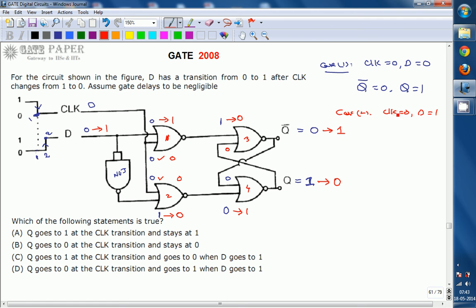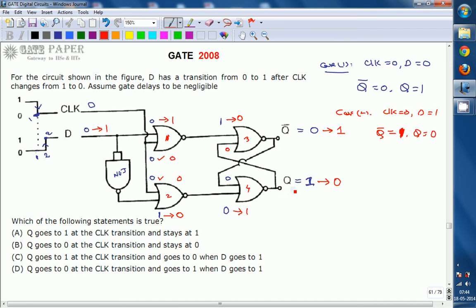So whenever clock equal to 0 and D is equal to 1, what you get is Q bar equal to 1 and Q equal to 0. That implies that whenever the clock transition occurs, the Q value is equal to 1, and whenever the D transition occurs, Q comes to 0.